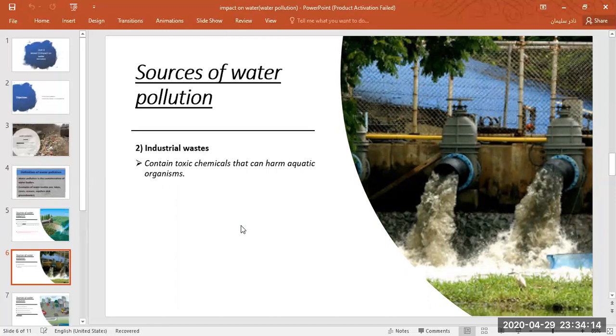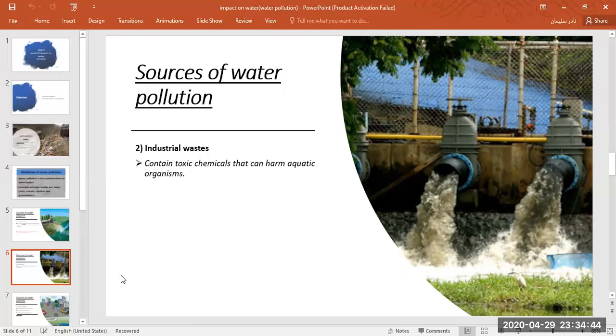These industrial wastes are very harmful because they contain chemical substances, toxic chemicals that also harm aquatic organisms like fish. Okay, so till now we learned two sources of water pollution. The first one was agricultural fertilizers. The second cause is the industrial waste that comes from factories and industry.